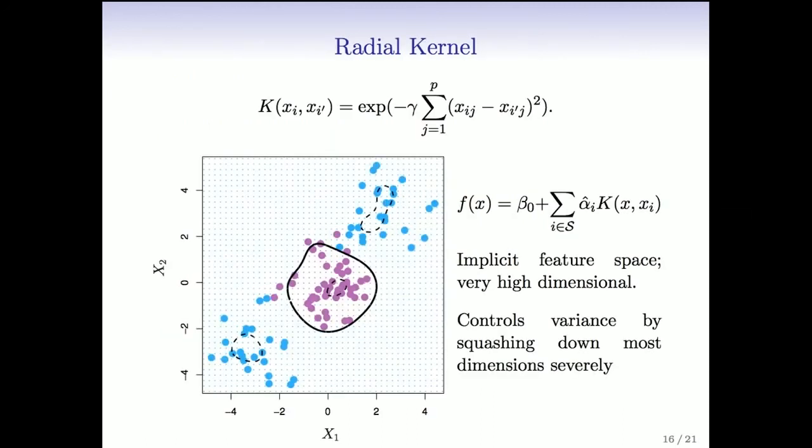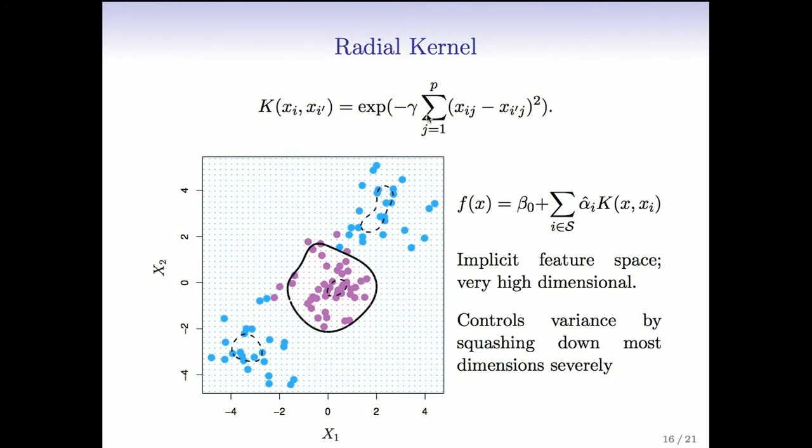Okay, so the radial kernel is very popular, one of the most popular kernels. It's used for nonlinear support vector machines. There are other kernels, but this is the one people usually go to. And this gamma is a tuning parameter. You can think of it like 1 over the standard deviation of the Gaussian.